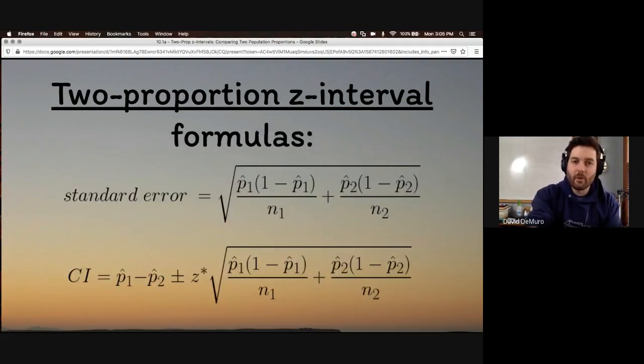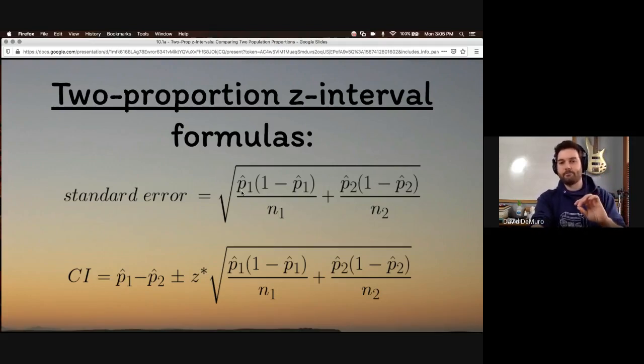The formula that we're going to look at for the standard error, we're going to use that when we're dealing with confidence intervals as well as significance tests. For proportions, really it's the combination of two individual standard errors combined together. So we've seen in the past that for one population, the standard error is the square root of p times 1 minus p over n.